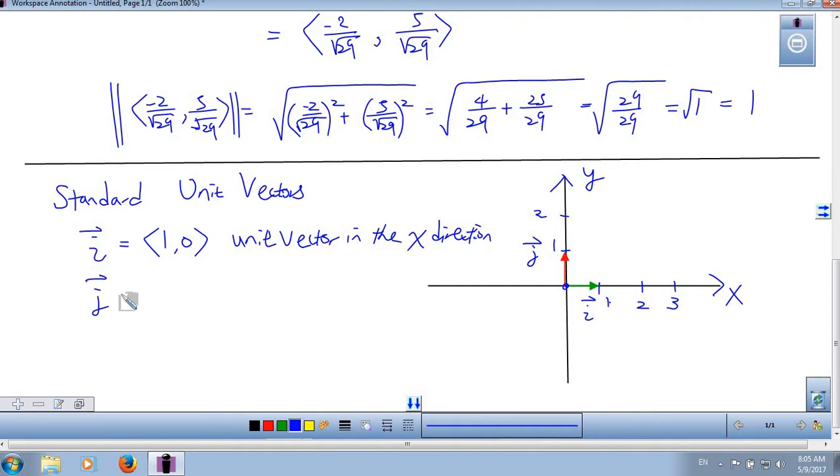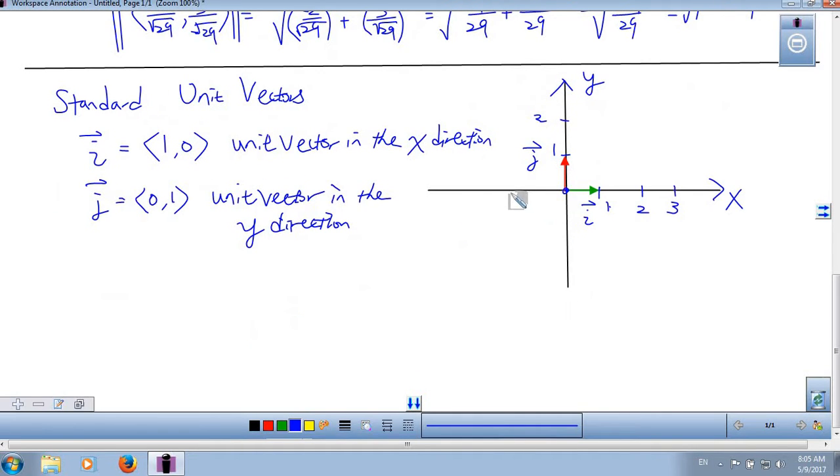And the J vector is 0, 1, is a unit vector in the y direction. Okay, in the y direction. Alright, so why do we need to write this? The reason is, once we have an I vector and J vector, we can actually express every vector in terms of I vector and J vector.